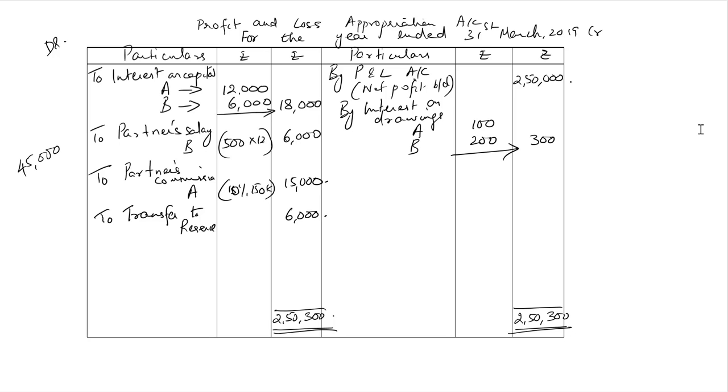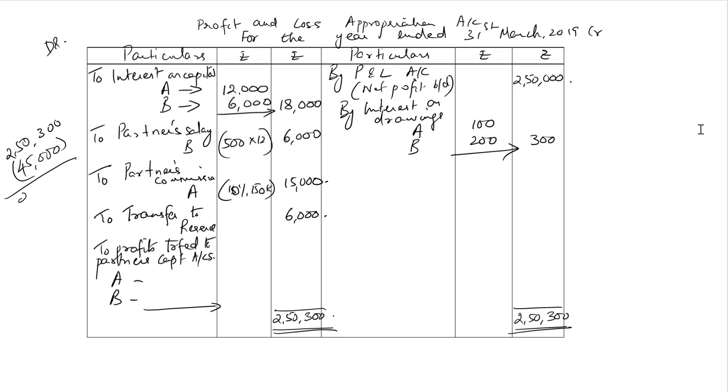The difference, the profits, is transferred to partners' capital accounts. Capital account should be the default. We'll learn later when we do methods of maintaining capital accounts. So the total difference is 2,50,300 minus 45,000, which is 2,05,300.